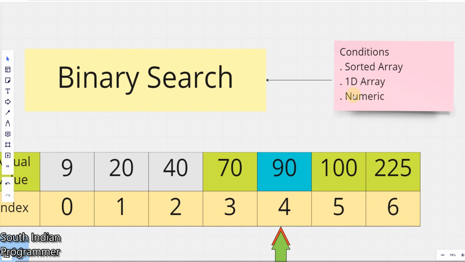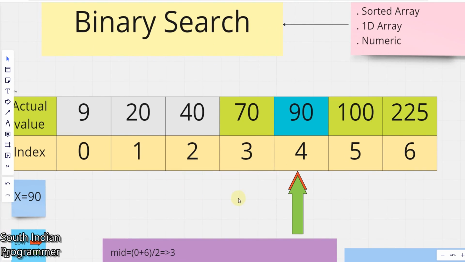Numeric interpretation is essential for this, but you can apply it with hash too: convert to a number, and then that converted number can be a sorted array, and then you can apply this algorithm. So before you code this algorithm, make sure you're using a sorted array, or else you can use the sort function in C++ itself. You can use sort and then pass the array size. Okay, thank you everyone, and thank you for watching.